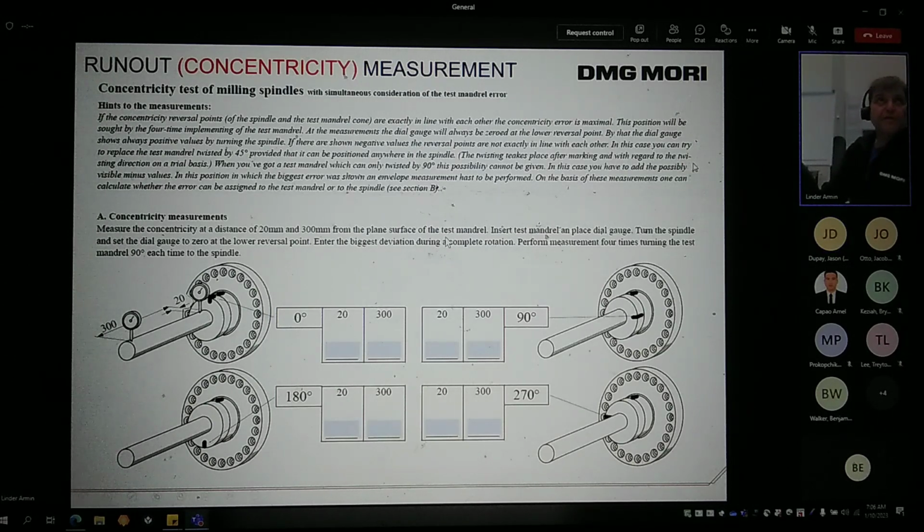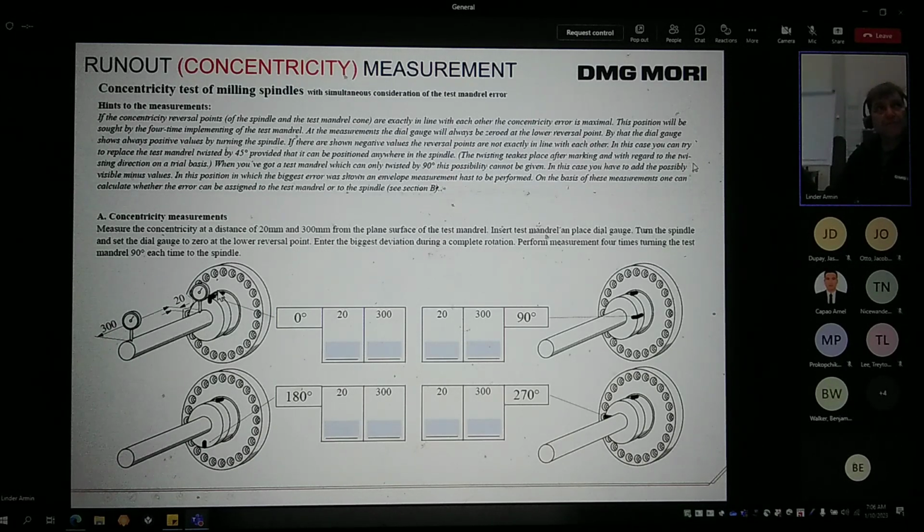So normally when we do a spindle run out, we measure it in 8 positions. So we use one in the 0 position, in a range of 20 millimeters from the spindle nose and up to 300 millimeters from the complete length of the test bar.